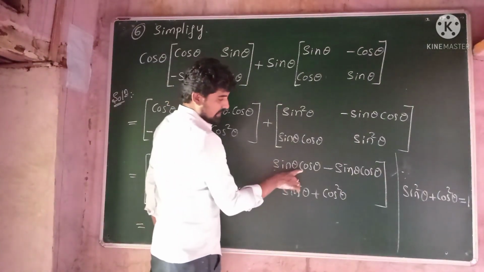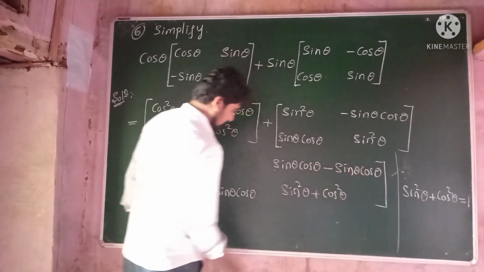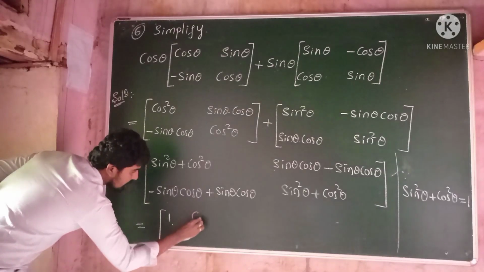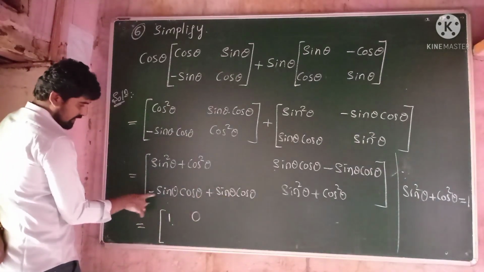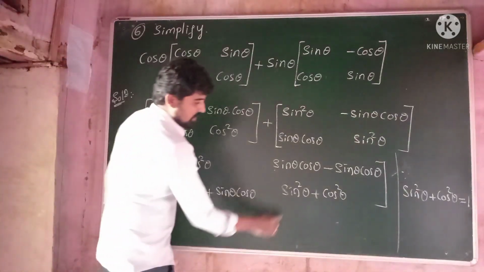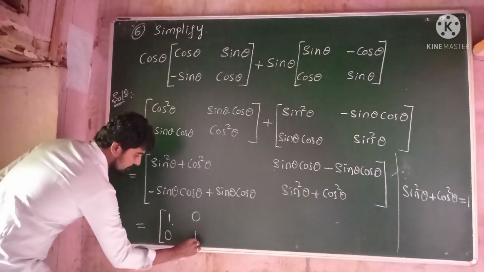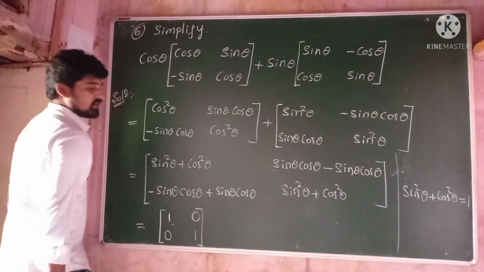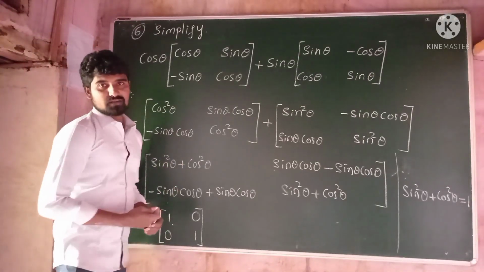Here, sin theta into cos theta minus sin theta into cos theta get cancelled, 0. Here also, sin theta cos theta minus sin theta cos theta get cancelled, 0. And here, sin square theta plus cos square theta is 1. And this is the required matrix. I hope all of you understood. If possible, take a note.